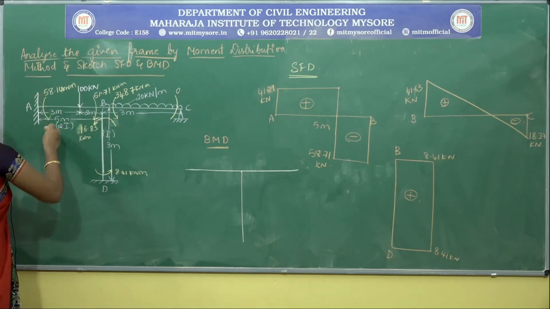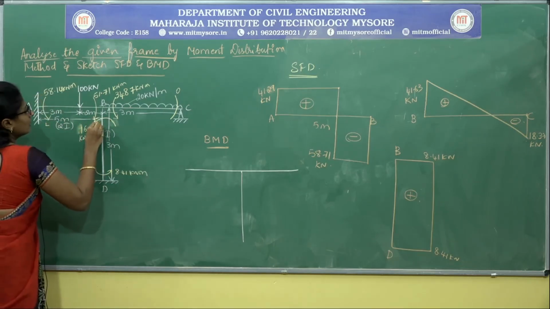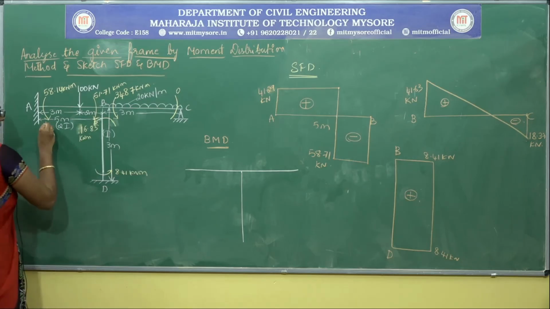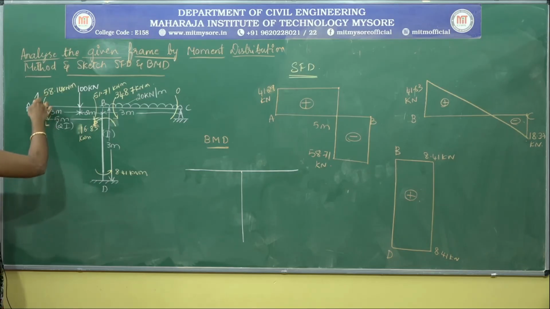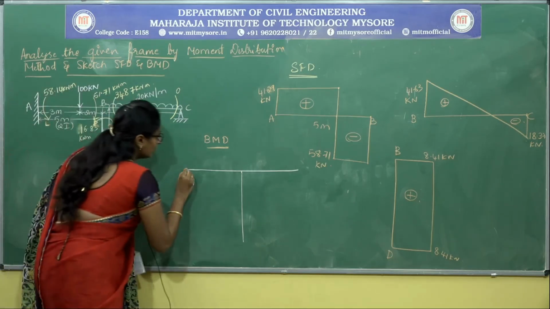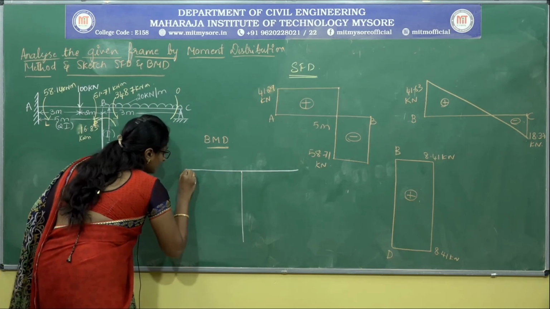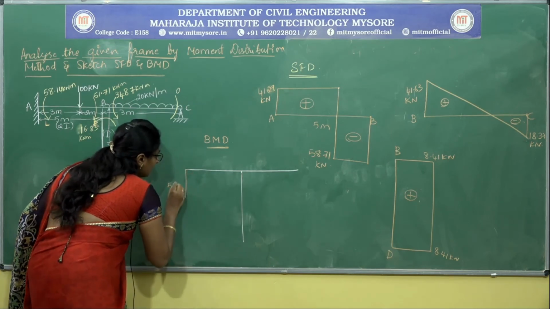At A, the final end moment of 58.14 is acting in the anti-clockwise direction. So the moment in the anti-clockwise direction at the left side is negative. Therefore, the moment is considered in the direction below.